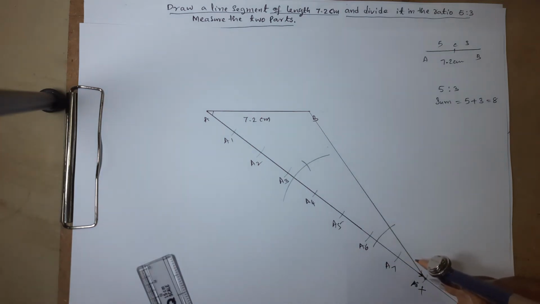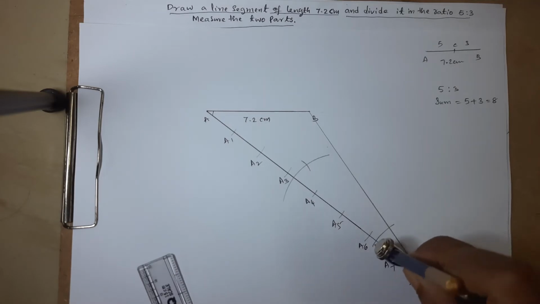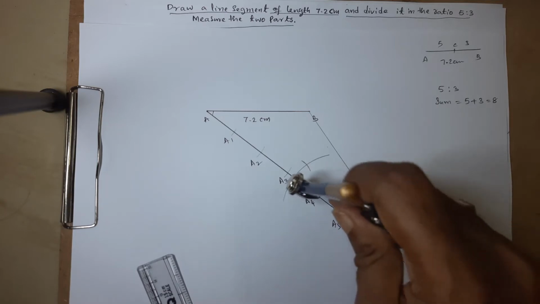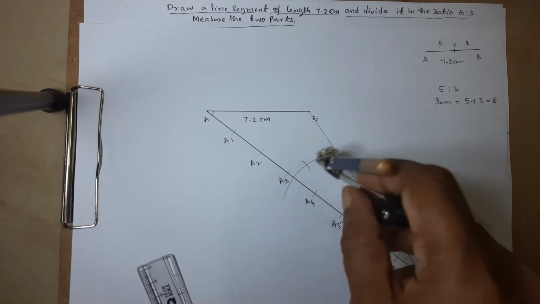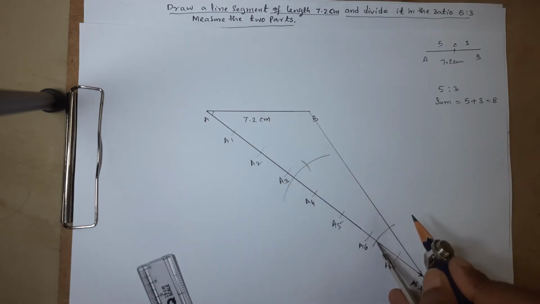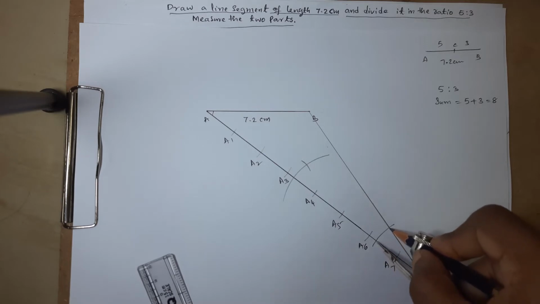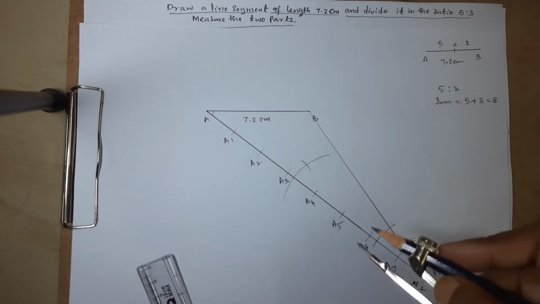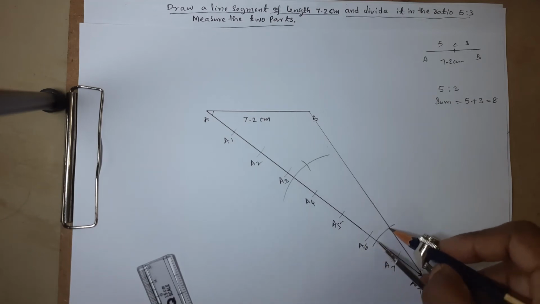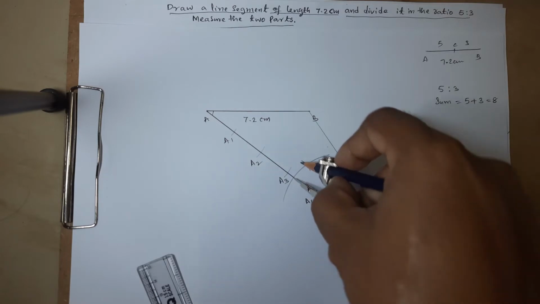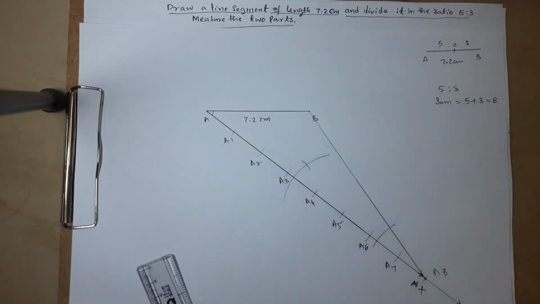Again I am telling. From A8 with some convenient radius, just draw an arc. From A5 also with the same radius, draw another arc. The next step is measure the length of this arc like this. With the same radius, cut this previous arc. Okay.